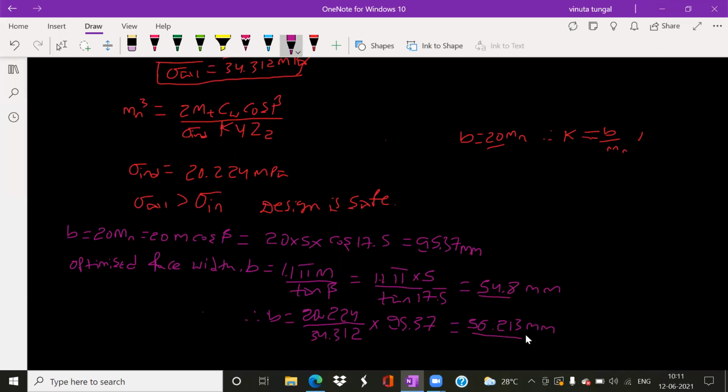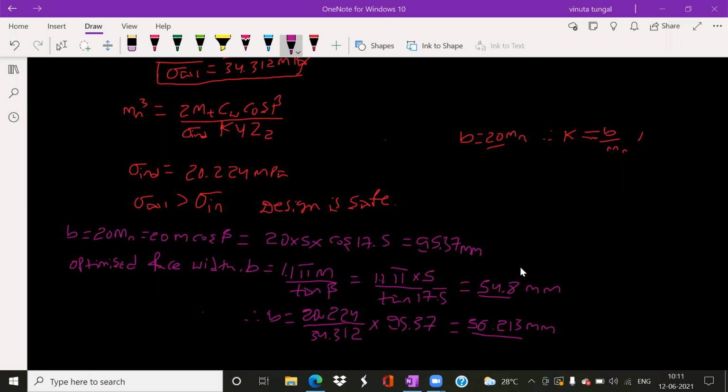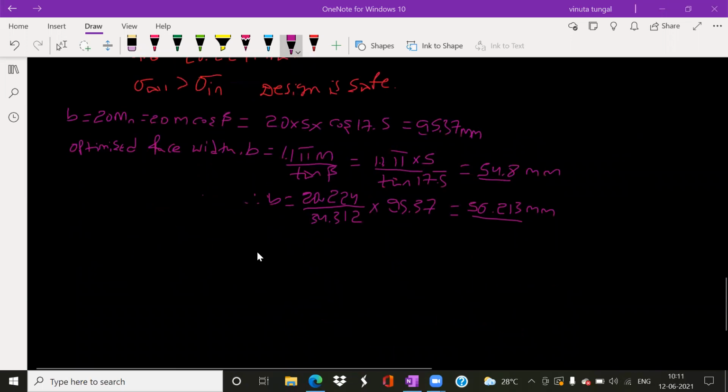Can anyone tell me what we did in the previous problem? Here you obtained the optimized face width of 54.8 and one more value, 56.213. Which one are you going to select? The larger value.